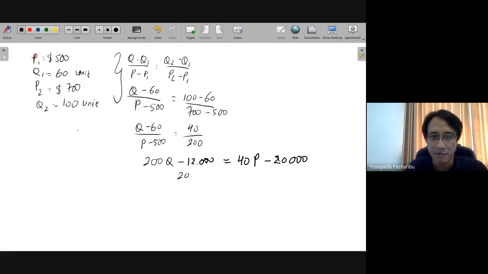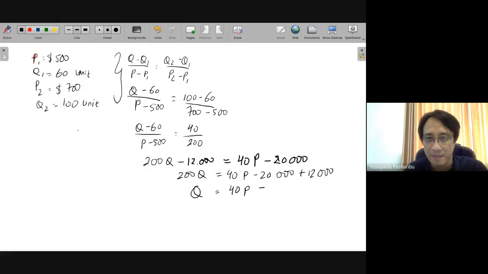Keep the Q on the left side and move this part: 200 Q equals 40 P minus 20,000 plus 12,000, so Q equals (40 P minus 8,000) divided by 200.